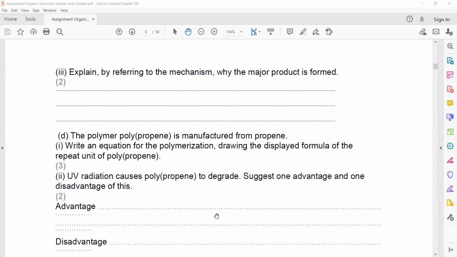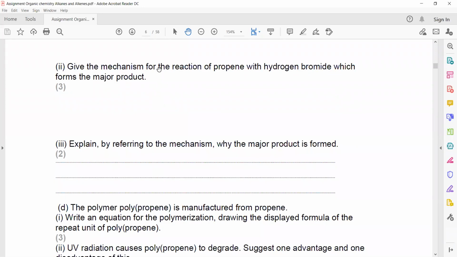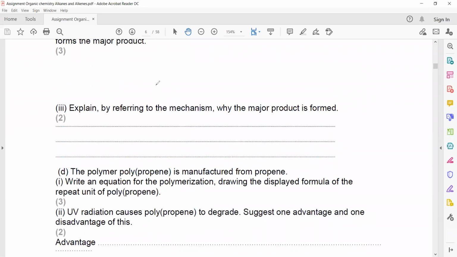Because what are the two possibilities of forming a carbon cation here? The carbon cation may be the first carbon, like if the hydrogen is attached to the first carbon, then the second carbon will be the carbon cation.